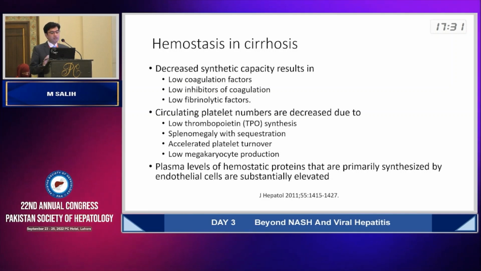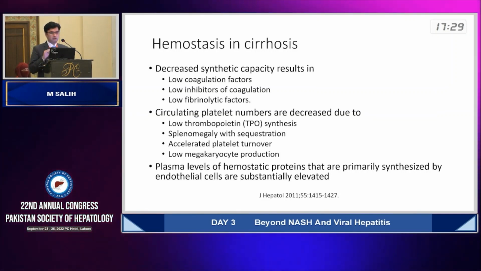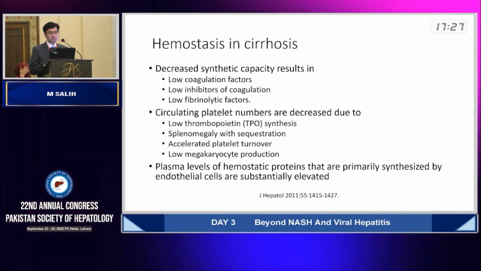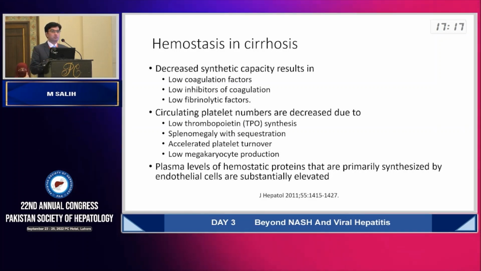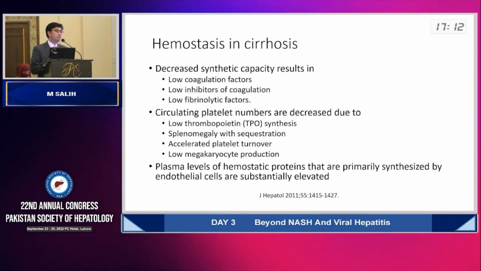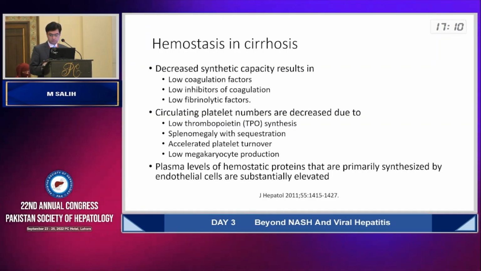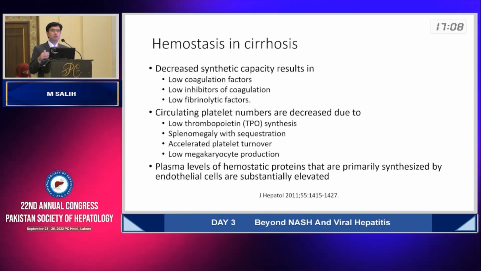But to an extent, this has been maintained by the increased production of endothelial cell hemostatic proteins. The plasma levels are increased by the endothelial cells, and somehow this helps to overcome the relative qualitative and quantitative deficiency, and that's how even when cirrhotics bleed, clots are formed.